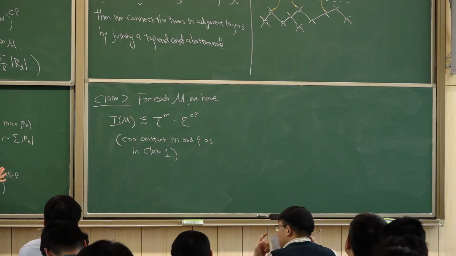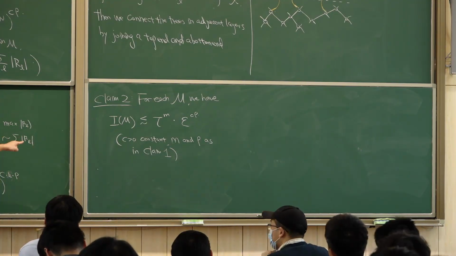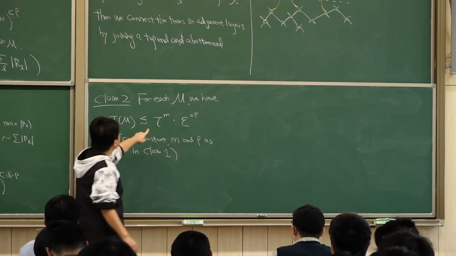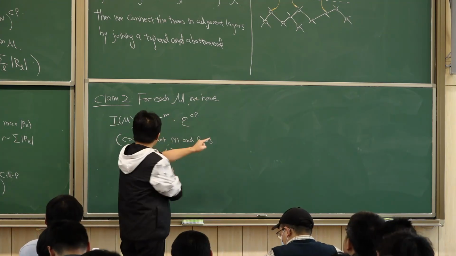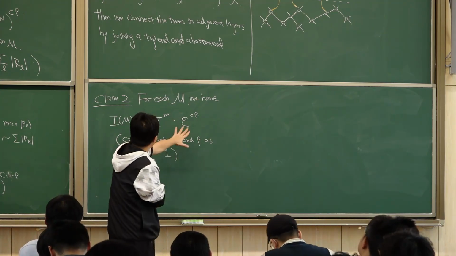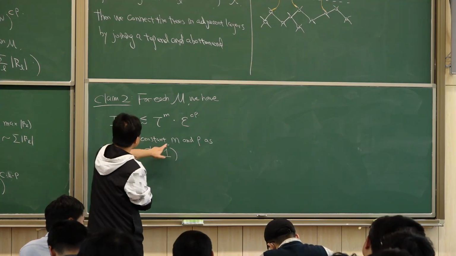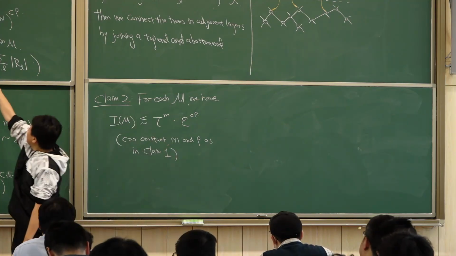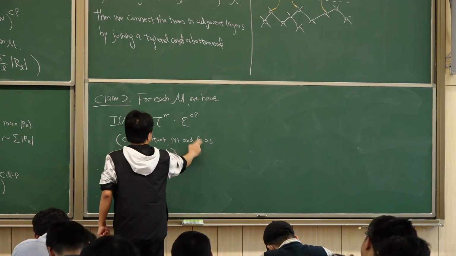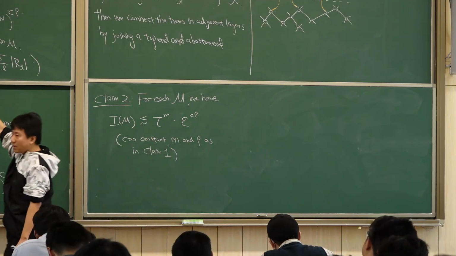So this is our claim 2: the size of this IM is bounded by tau to the m times epsilon to the c rho. Here c is a small positive constant, m is the same as this m here, and rho is the same as the rho in claim 1.